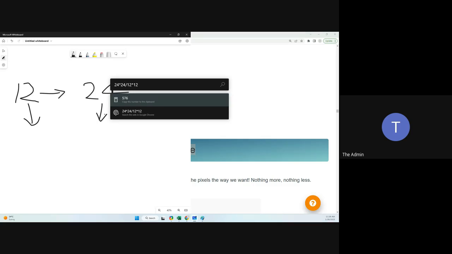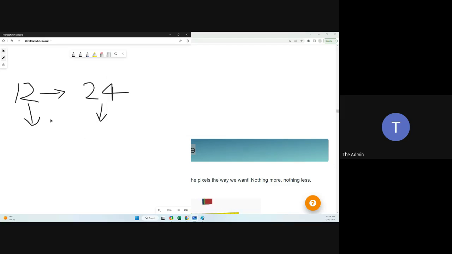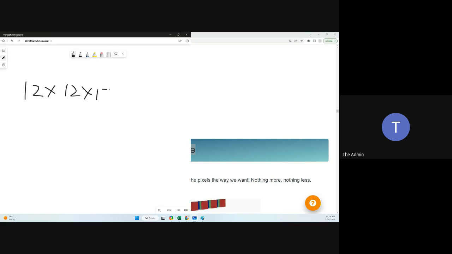So what is the increase? 4. So I somehow have to add 4 times the pixels. What I'm going to do is start at 12 cross 12 cross 3.